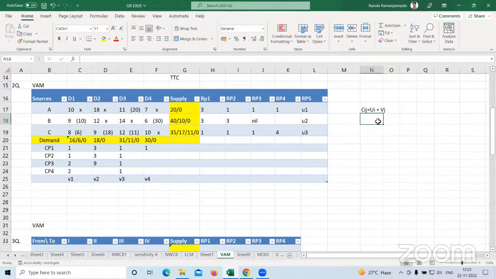First we find the values of U and V based on the occupied cells.